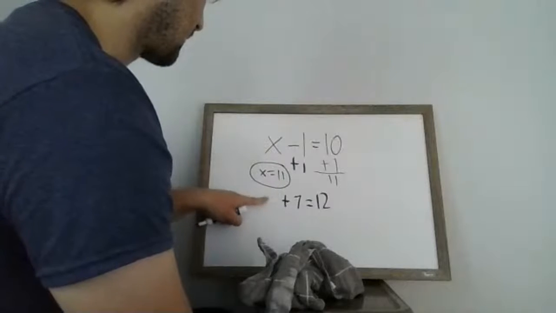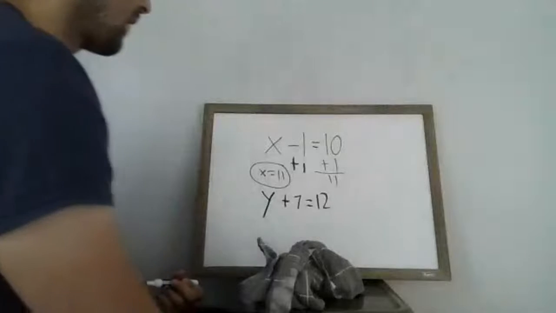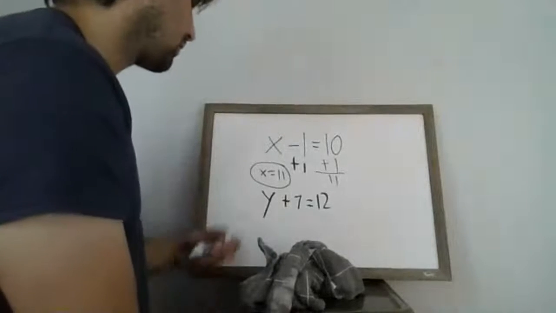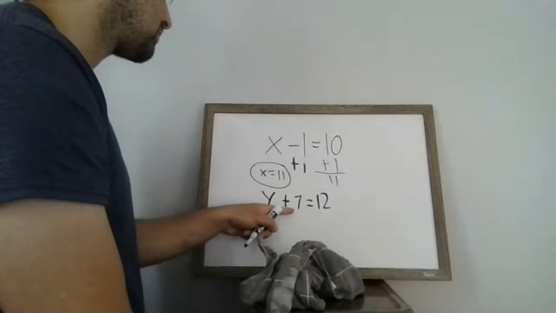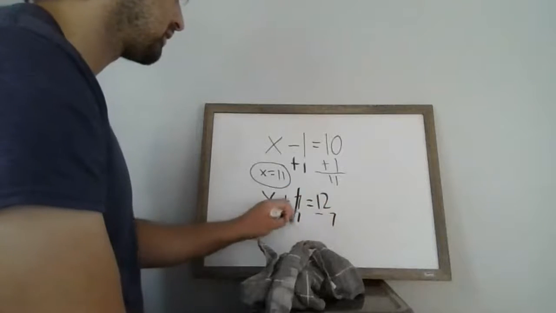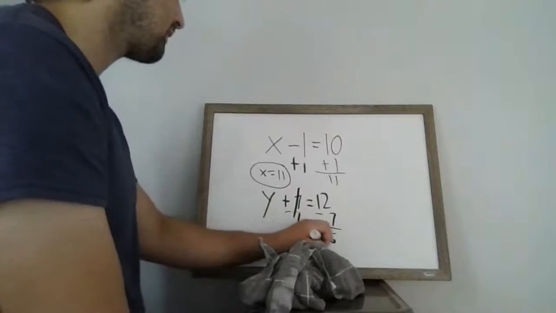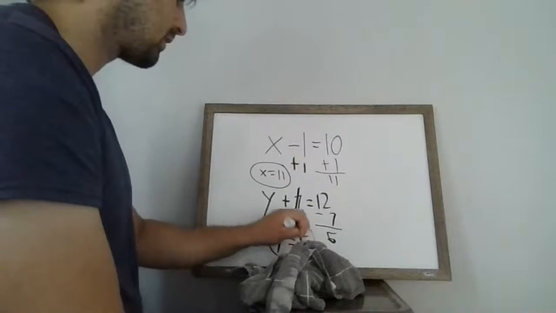I'm going to do a different variable for the second one, just so nobody's confused. Y plus 7 equals 12. So again, since the operation's addition for this one, we have to subtract. We always do the opposite of what the operation is. So minus 7, minus 7. 12 minus 7 equals 5. Y equals 5.